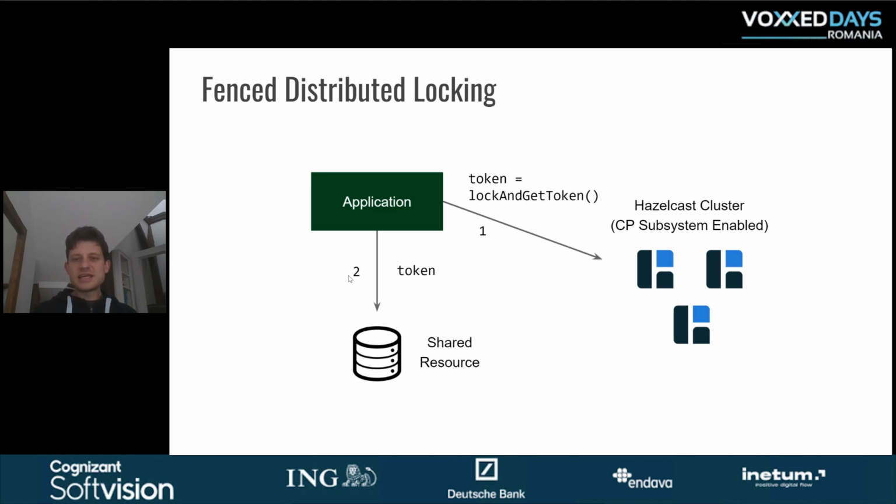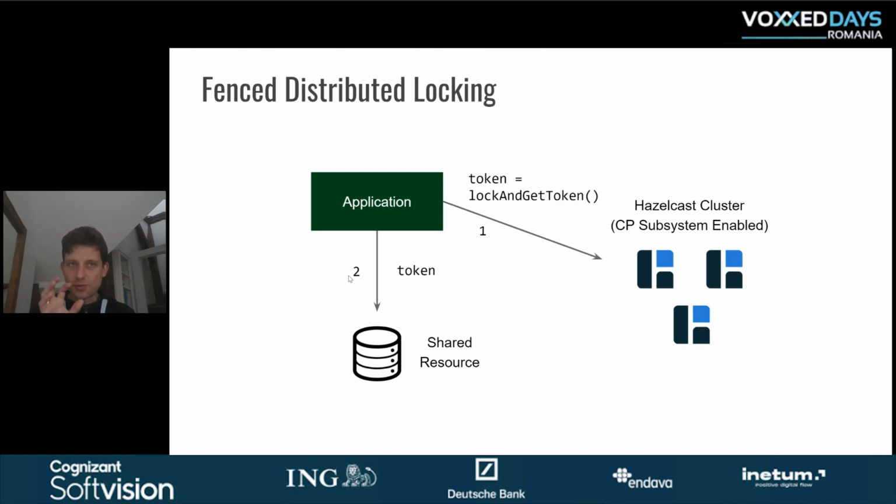Instead of just sending a lock request to the cluster, we send lock and get token, and the cluster, like the lock manager, will send you a token which is always incrementing. So it's a monotonic sequential number. Now the tricky part is that your shared resource, whatever it is, a database, needs to be aware of this token.